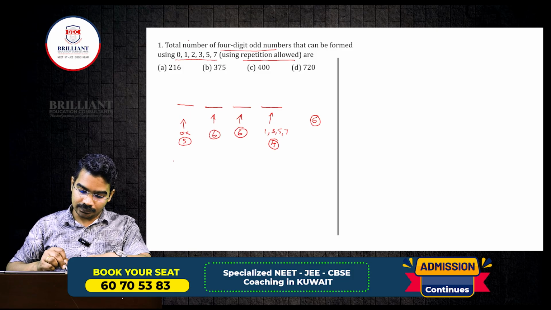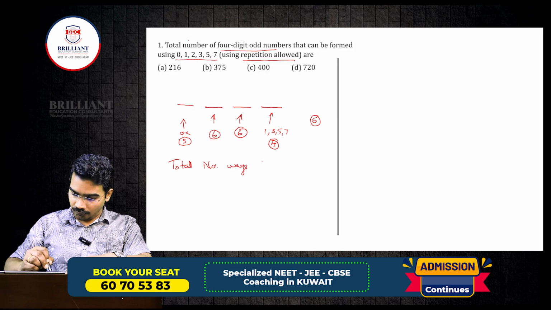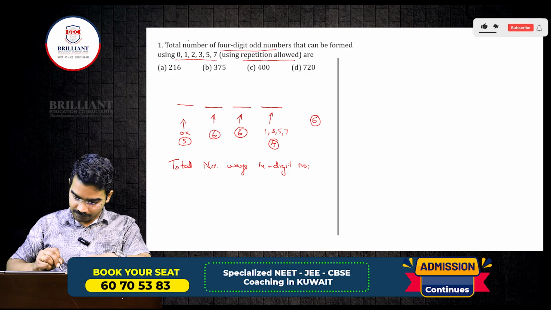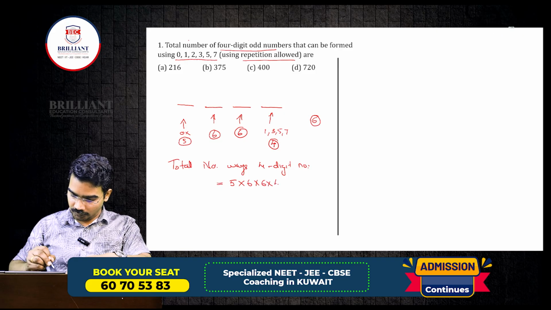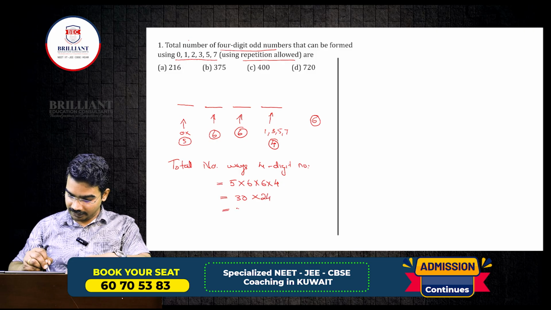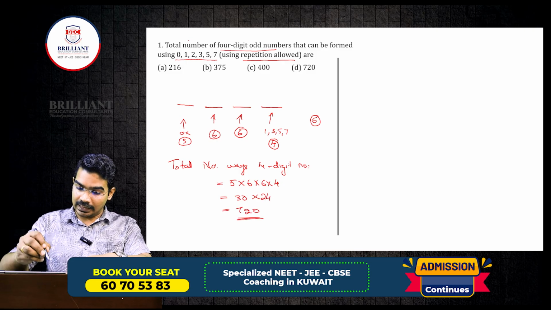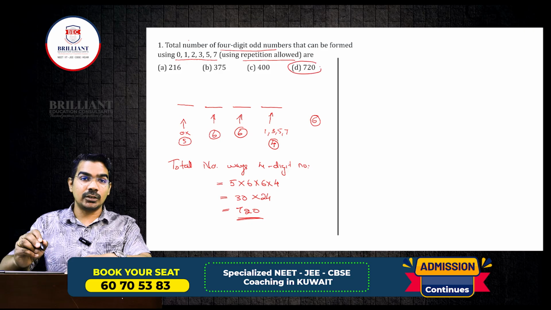So the total number of ways a 4 digit number can be formed is equal to 5 into 6 into 6 into 4. That is 30 into 24, that is 720. So the right answer is option D, 720.